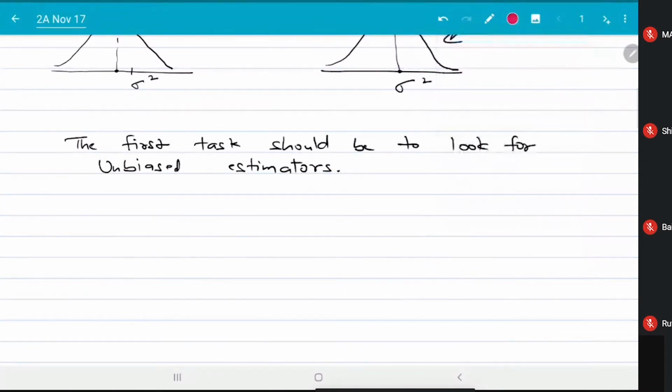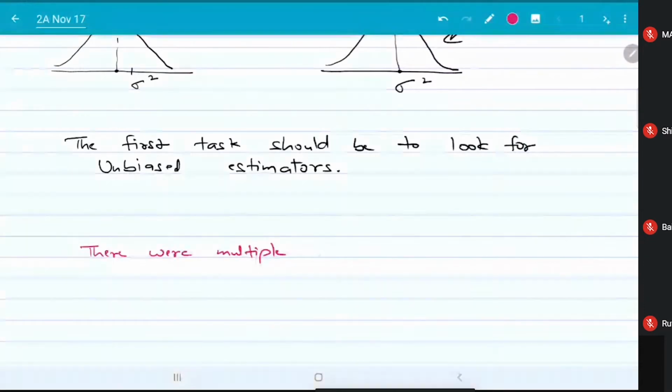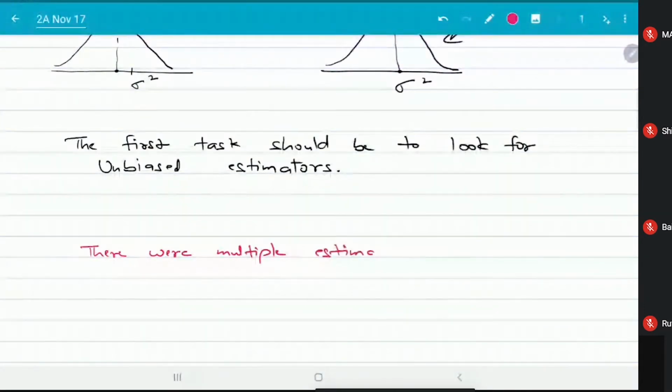Which was it? I suppose it was example 6.1 or 6.2, where there were multiple estimators. Okay, before sending it to you, I'll check which example it was and I'll correct it.